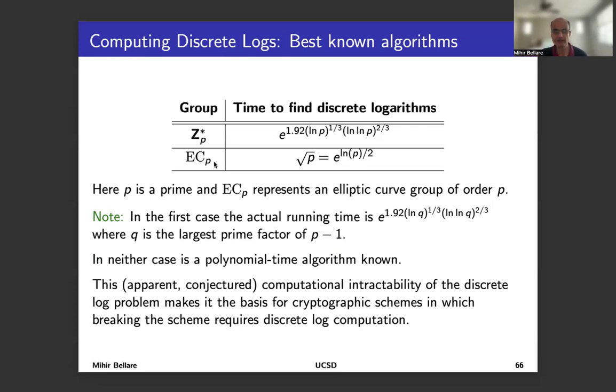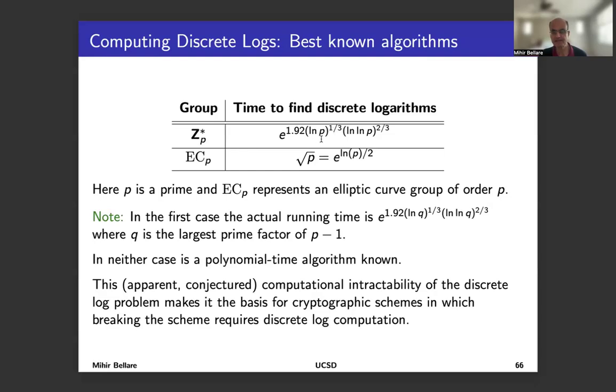This formula over here gives you the running time of the best known algorithm in what's called an elliptic curve group of order P. We're not in this class going to define how these groups work, but they are groups, and they're cyclic ones, so you can consider discrete logs in them, and they're actually the most popular group in practice nowadays. But due to a little more math, I won't give details of those groups.